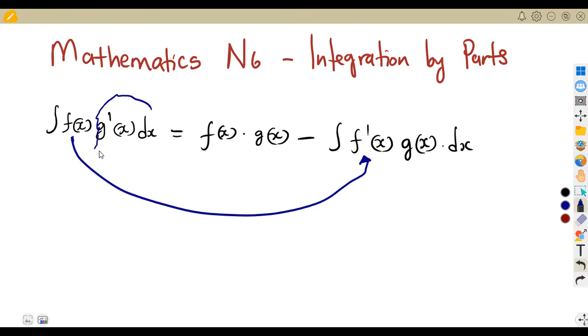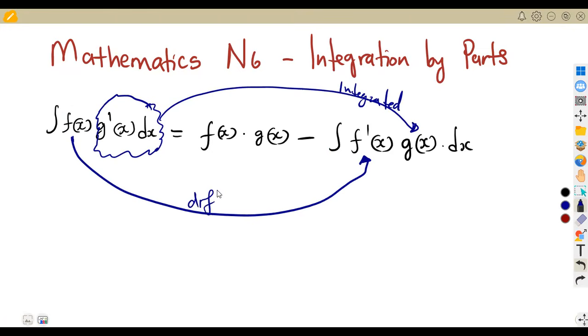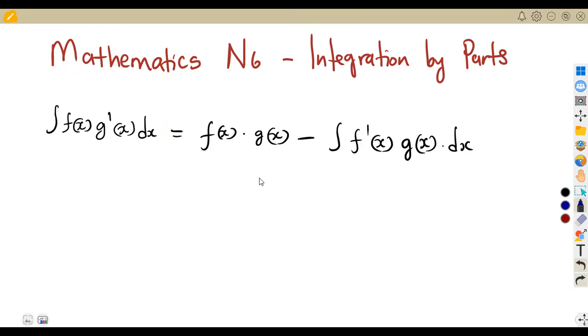The g prime x dx that is remaining is supposed to be integrated to give us g of x. This is what we understand. Let us get this into consideration and see what exactly we are talking about on these two functions.